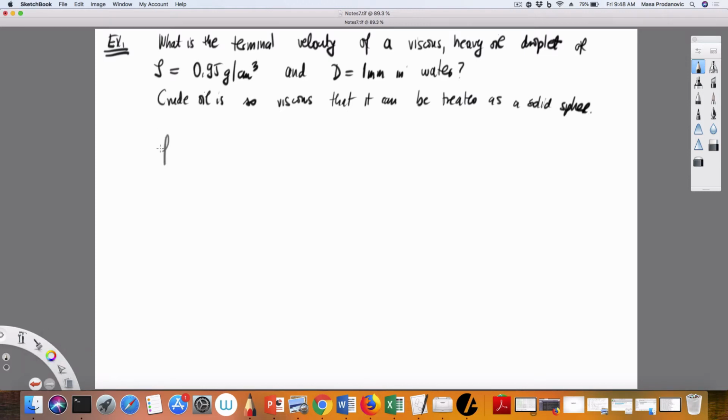My friction factor, if I'm treating this as a solid, is 4/3 g d over v_t squared, times (rho_s minus rho_f) over rho_f. And I'm taking this rho solid as 0.95. So I'm treating this little droplet as a solid.